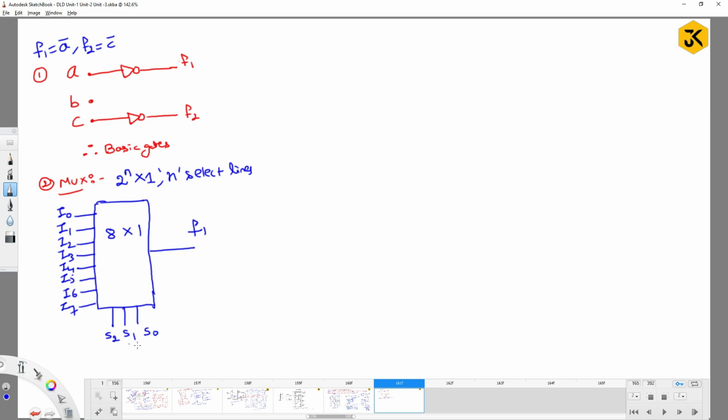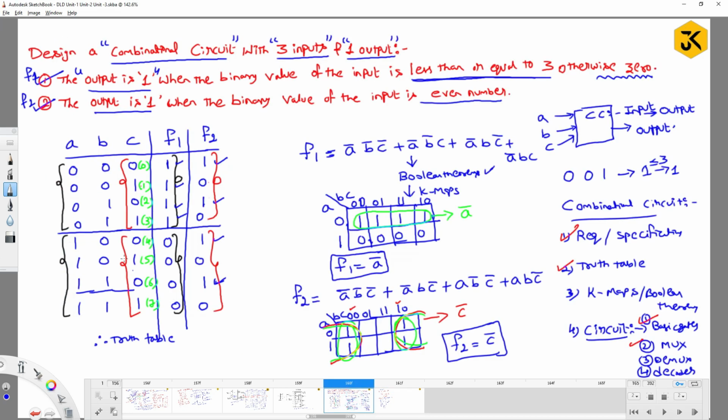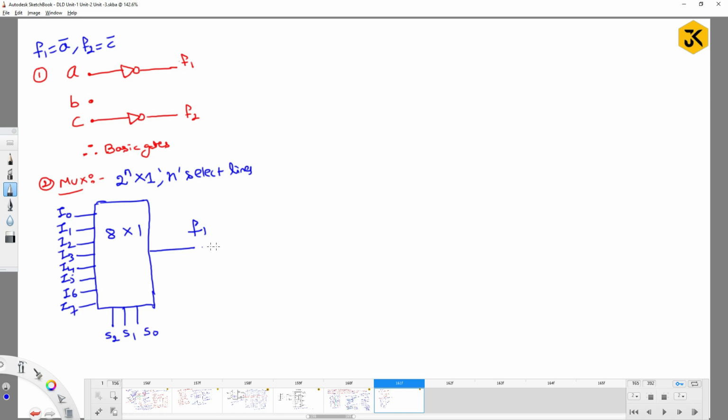Now observe, if you pass the respective data, it is going to produce the respective output. For example, if I pass the data as 100, it is going to produce the respective value as 0. Whatever input you give, for example 0, 1, 1, meaning the second line is going to be connected to the output.